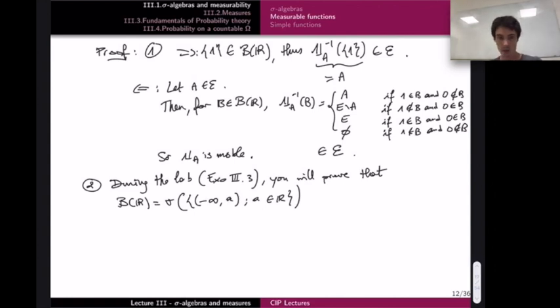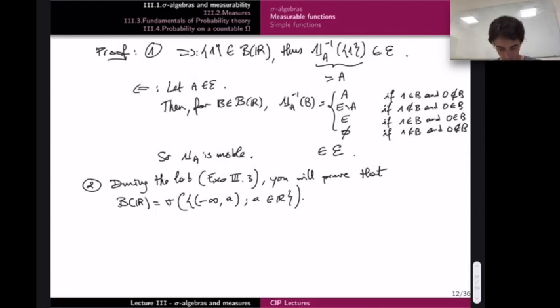And then we will use the proposition that said that, to have a measurable mapping, it suffices to evaluate it on those sets and not on the complete sigma algebra. If the preimage of these sets by the function is in calligraphic E, then that means that the function is measurable.